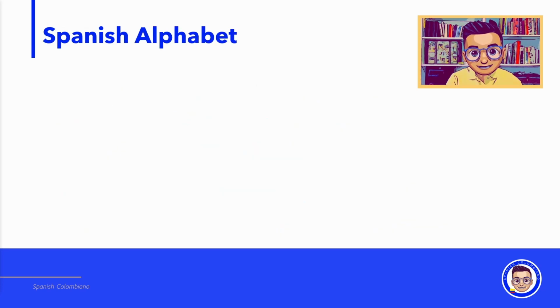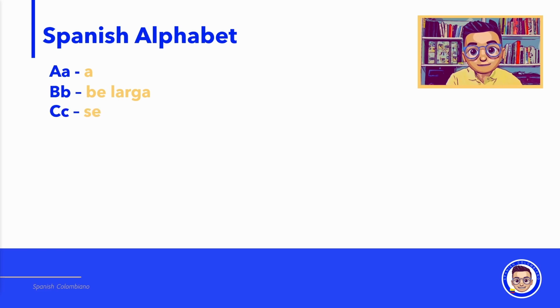Now let's see the alphabet. The relationship between Spanish sounds and their spelling is quite straightforward and consistent. The first letter is A. Then we have B, also called B larga.